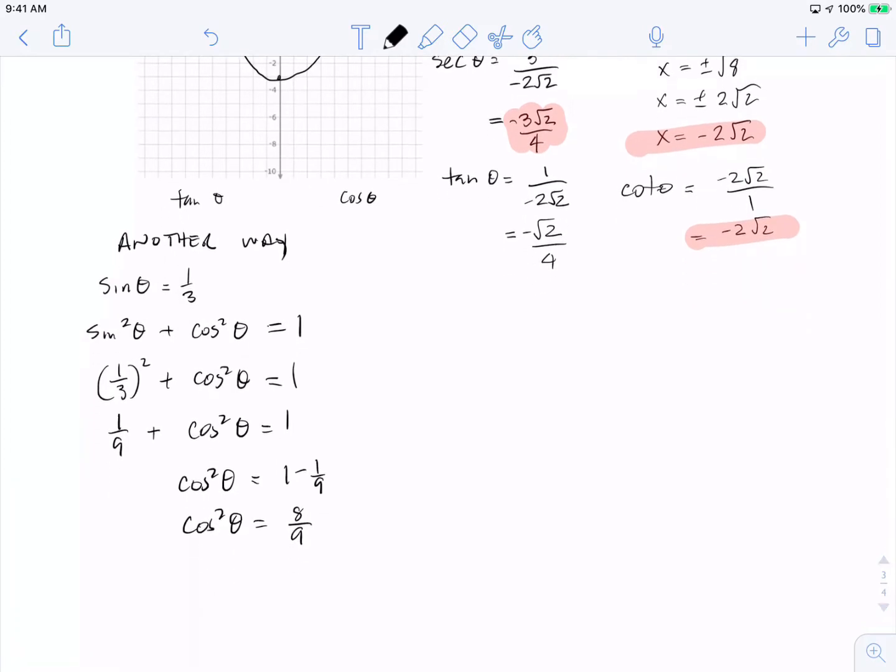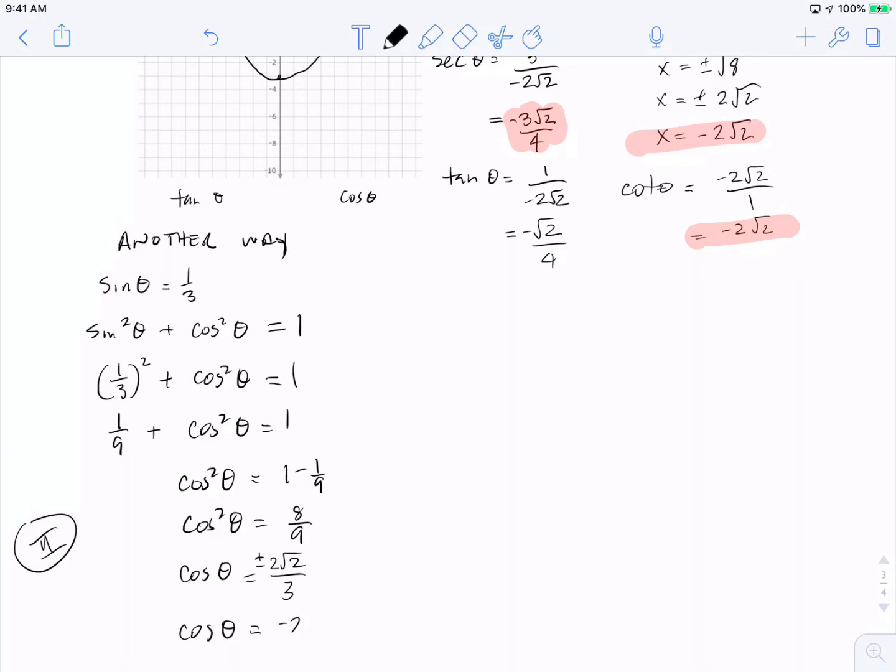And then when I take the square root of that, I'm going to get cosine theta is equal to plus or minus 2 radical 2 over 3. But again, here we need to remember we are in quadrant 2, so it has to be the negative case, so cosine theta is negative 2 radical 2 over 3.